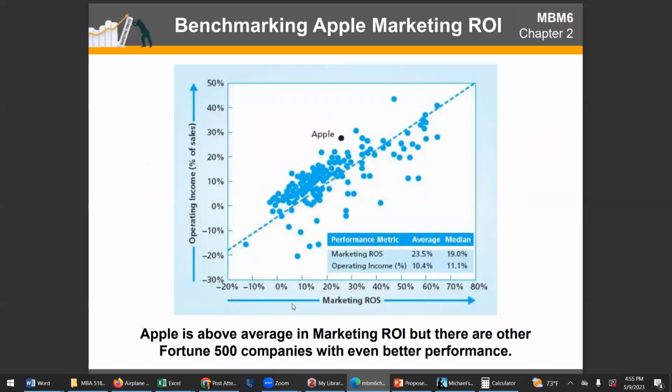And then if we zoom out even a little bit more and look at Apple's return on sales and operating income relative to the Fortune 500, at least at the time of this publication, which I believe was 2016, Apple is well above the Fortune 500 average around operating income. But they are not as high as some of these others.